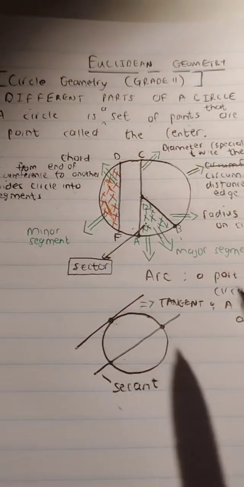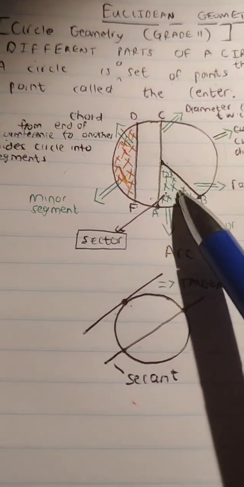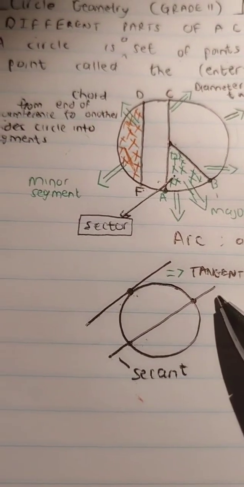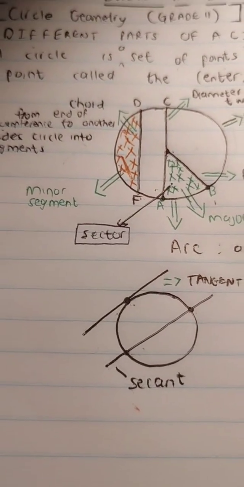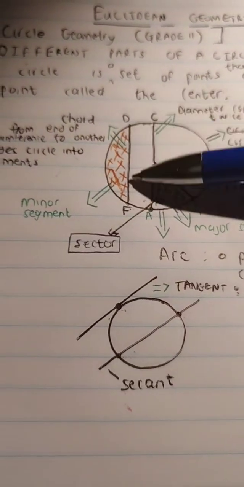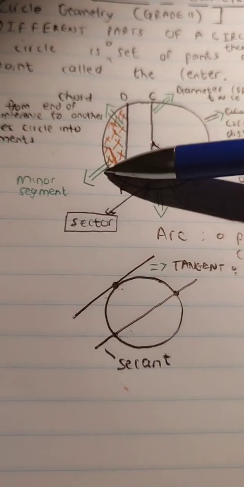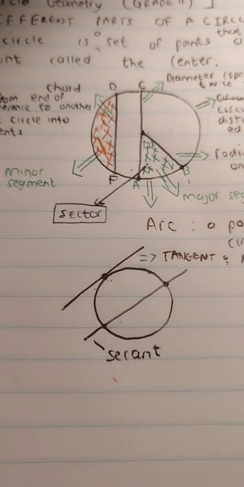The area of the pizza slice is referred to as a sector, not a segment. This one, the chord, we call a segment, but the pizza slice we call a sector.